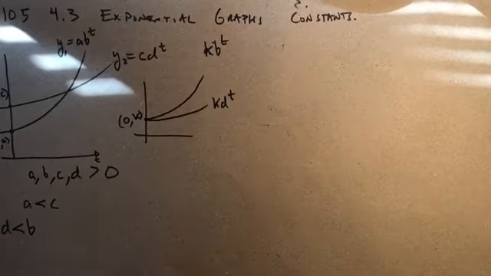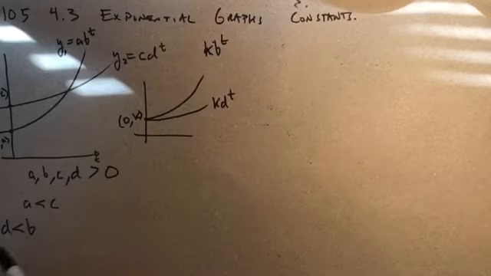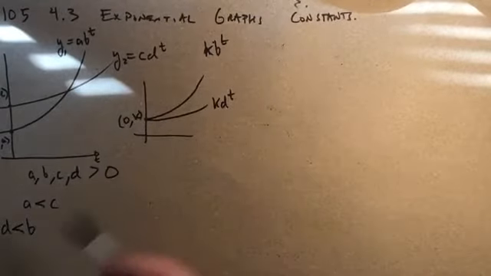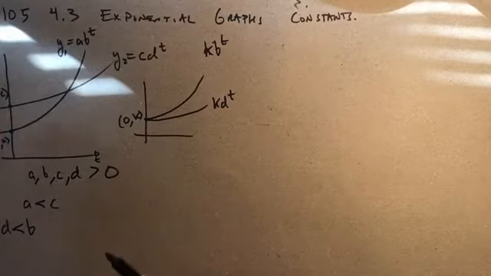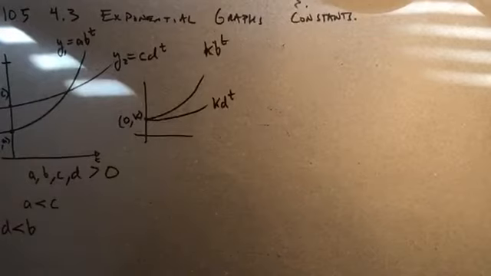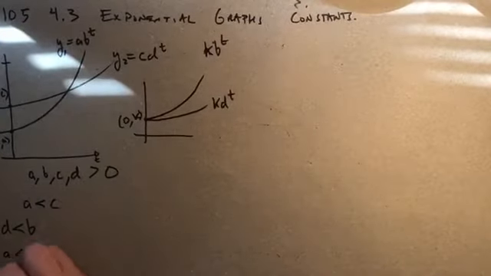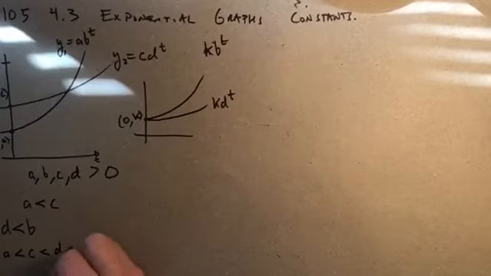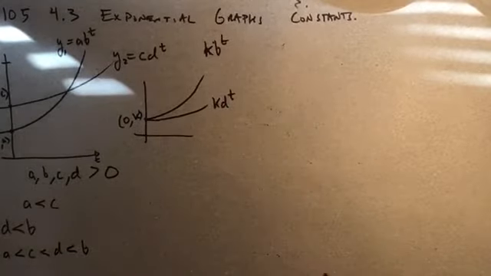So other than that, I think all bets are off. We don't really know how a and d or a and c work together because I don't have any scale here. If I put 1 right there, then we would clearly know all of the orders. Then a would be less than c, which would be less than d, which would be less than b.